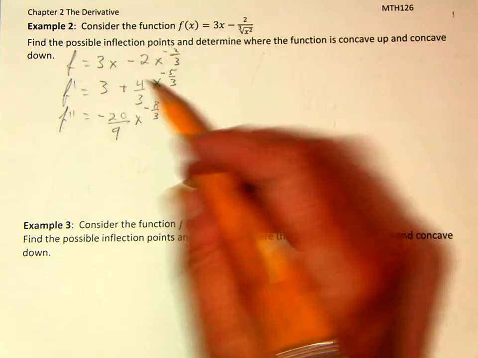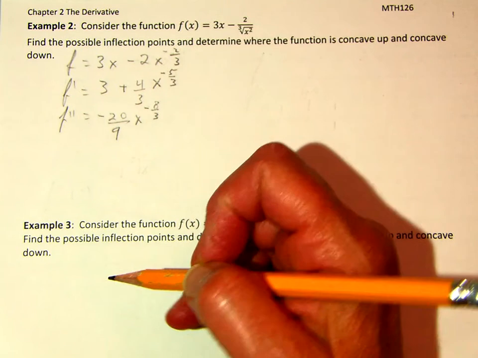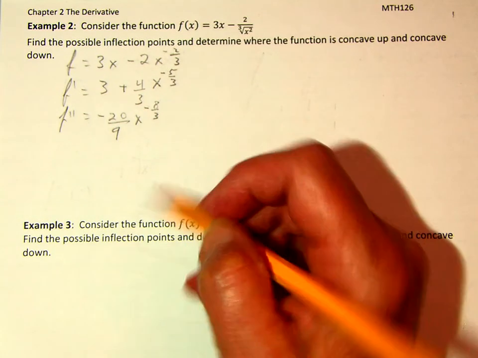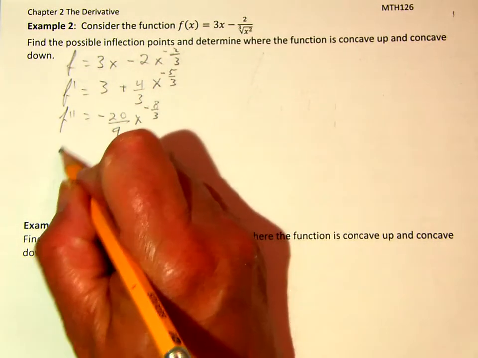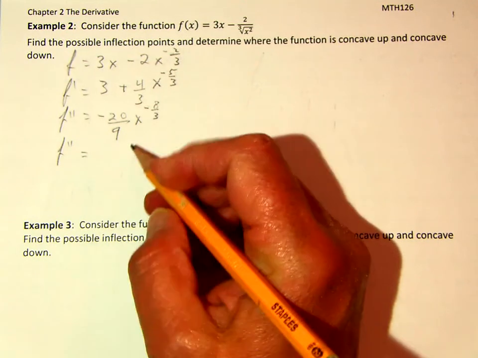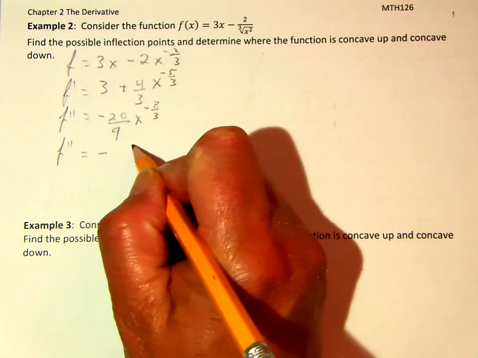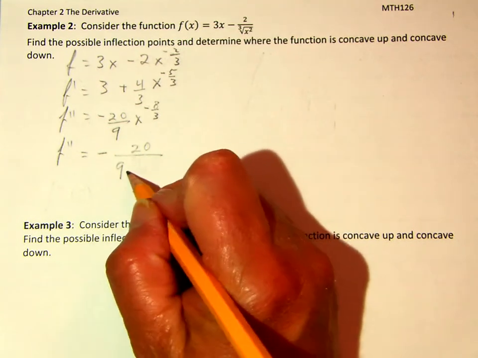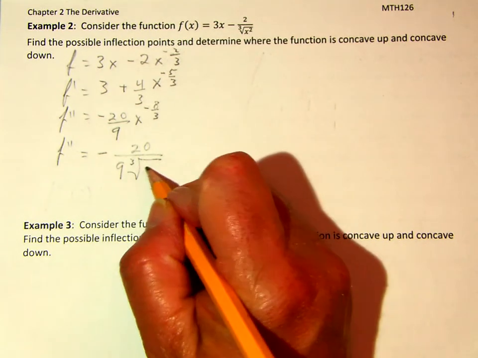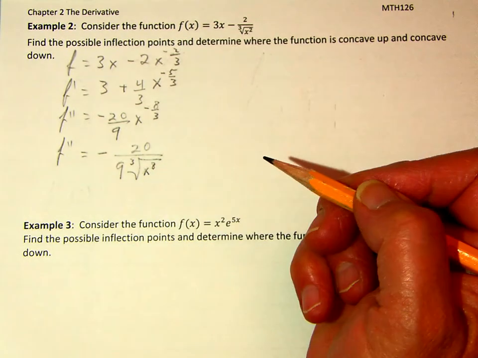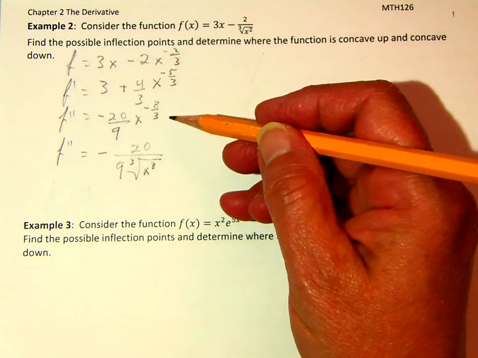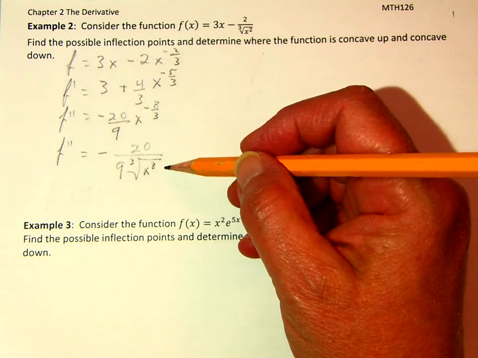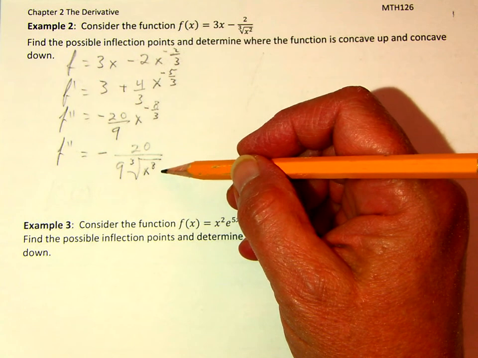Now to find our possible inflection points, we need to check where the second derivative is equal to 0 or undefined. I'm going to go ahead and rewrite the second derivative now with root notation because it'll make it easier for us to see what's going on. So we can rewrite this as negative 20 over 9 times the cubed root of x to the 8th.